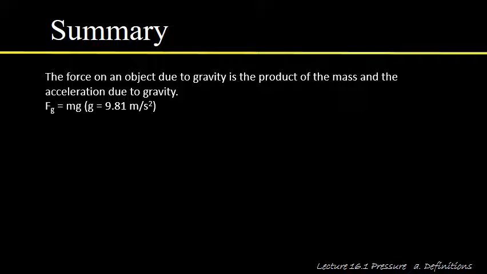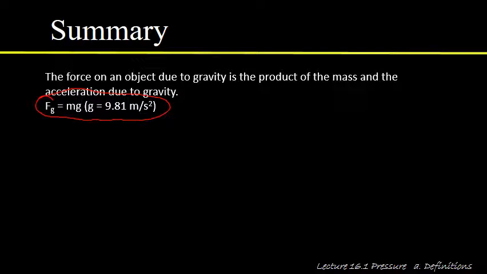All right, so here we are at the end of this first video. Okay, what did we go over in this one? First of all, we talked about the force of an object due to gravity. There are several different kinds of forces: electrical forces, magnetic forces, and so on and so forth. But the easiest one to deal with, so we tackled that one in this video, is force due to gravity.